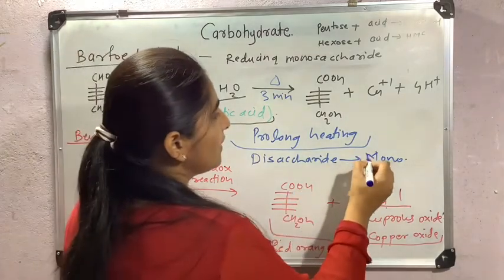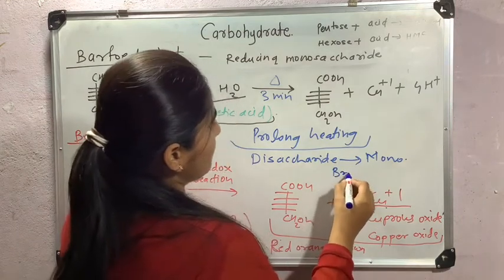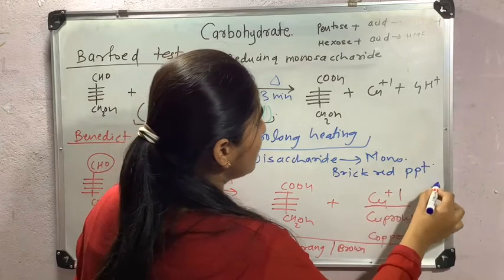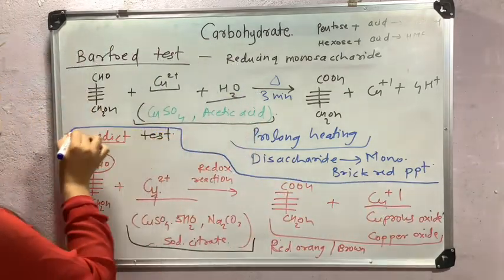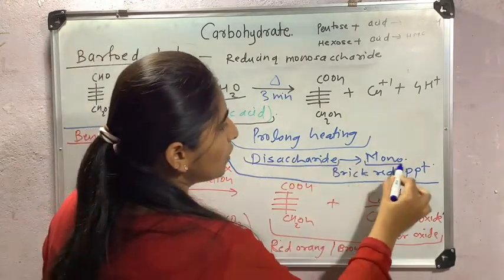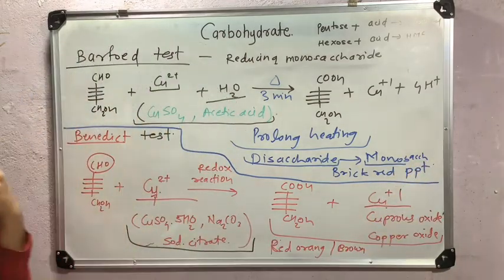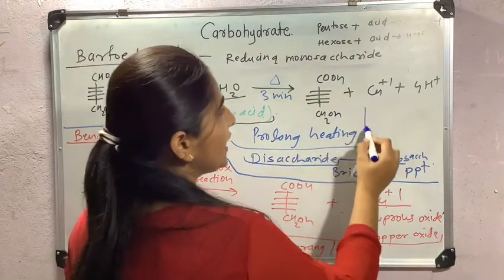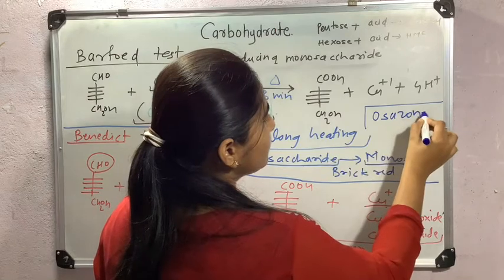Means there would be a brick red precipitate again for this disaccharide after converting into monosaccharide. Remember this. Actually, one more test is there for identification of reducing sugar, which is the Osazone test.